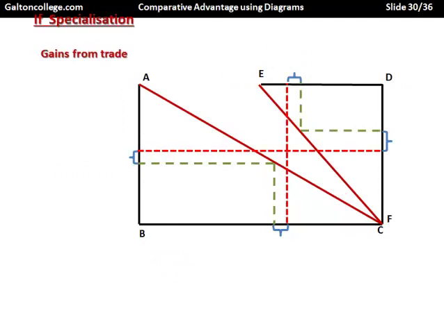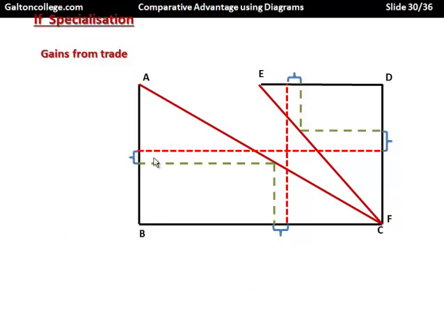Now, if we insert specialization and look at the gains from trade, we're just going to draw on 2 lines here indicating possible trading prices. And these are possible trading prices, and we're going to deal with this point over here. So let's see how this works. Well, you'll note for a start in this diagram I've indicated with brackets a point up here, one here, one here, and one over here.